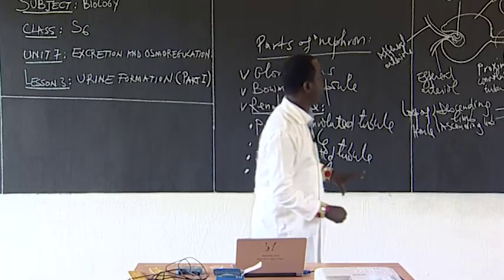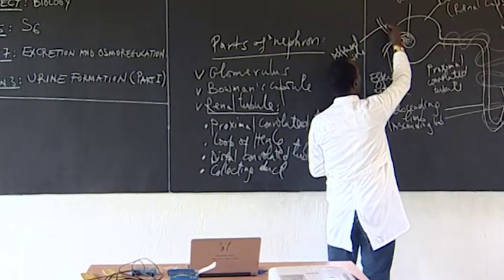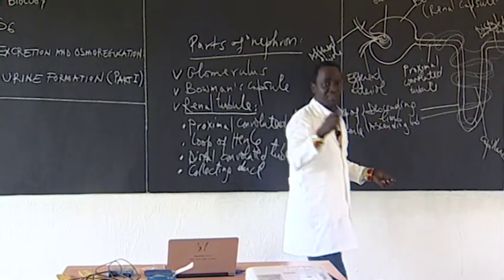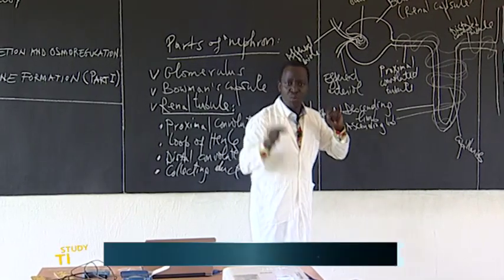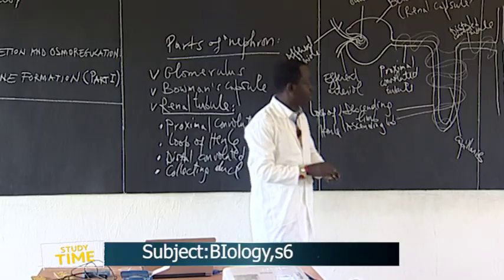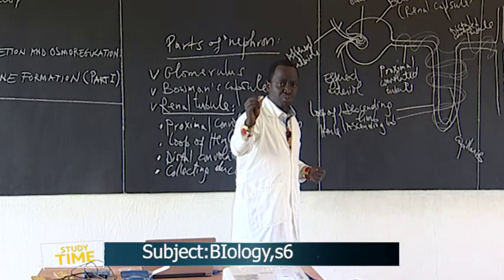Now, what is ultrafiltration? Suppose this vessel is called the afferent. When the blood comes, the blood contains different materials.